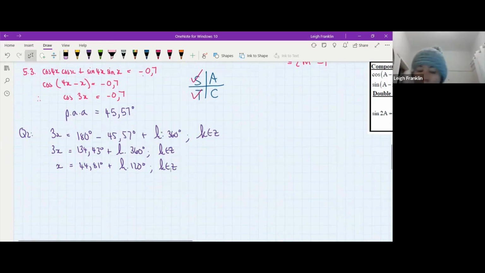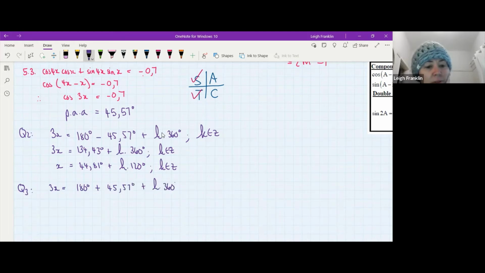I'm just going to move that up. And now in quadrant 3, 3x would be equal to 180 plus, which is our reduction formula, 45,57 plus k times 360, k an element of the integers. Again, we need to solve for x.